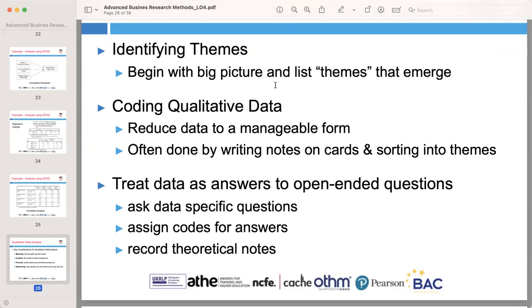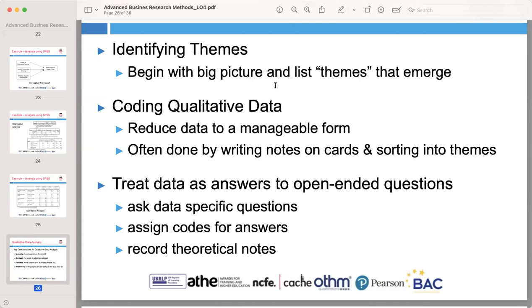When analyzing qualitative data, we start by looking at the big picture. We examine the data carefully and identify recurring patterns, topics, or ideas, known as themes. These themes emerge from the data itself and help us understand the underlying messages and meanings.